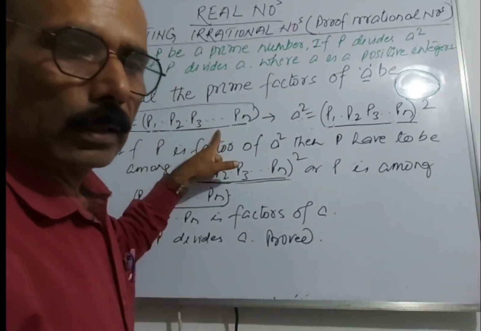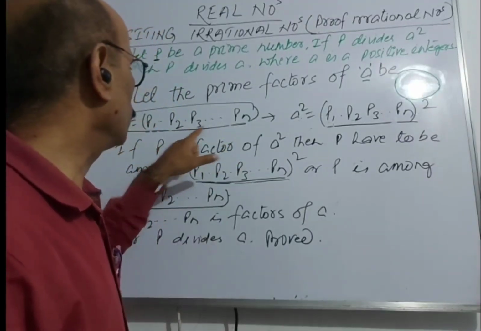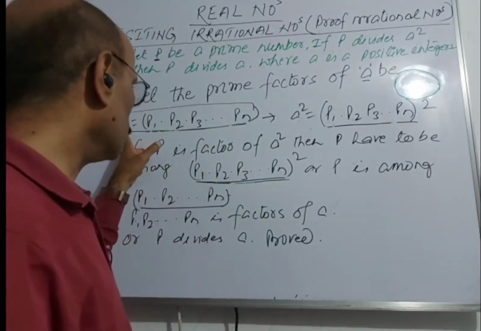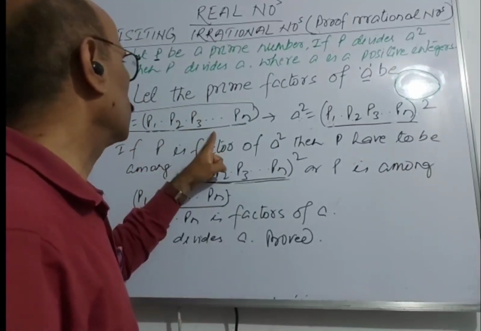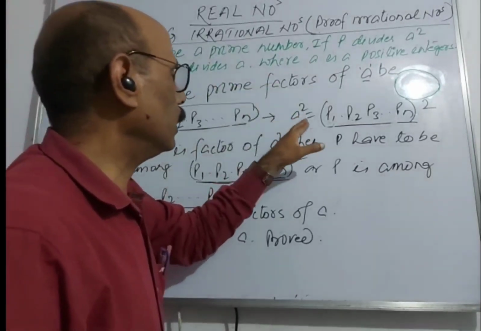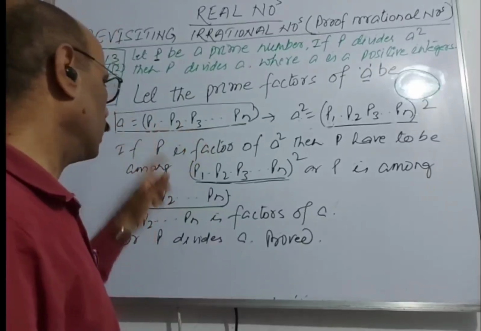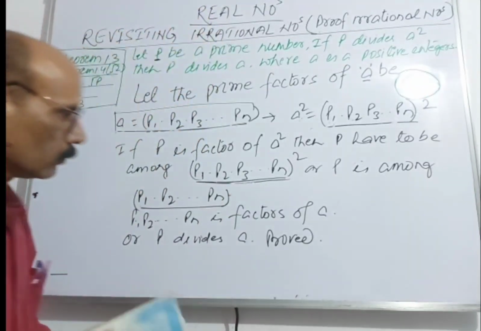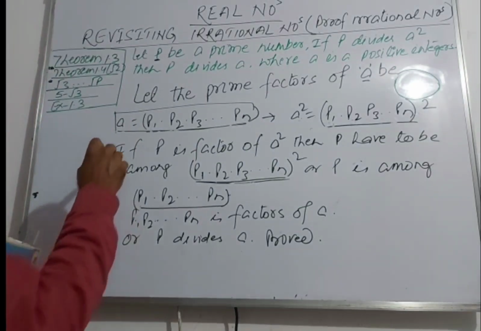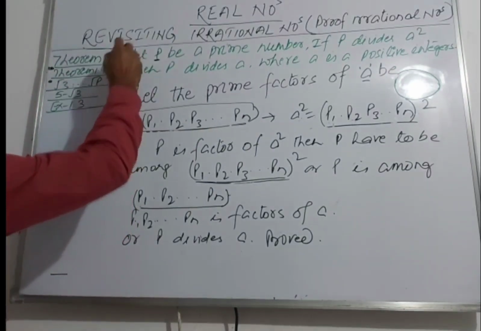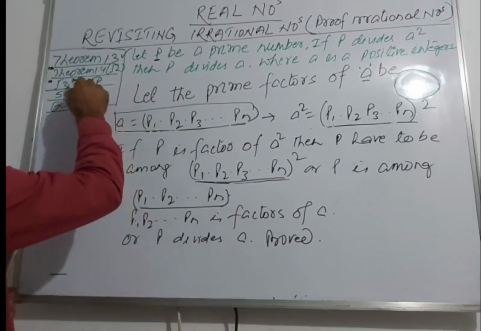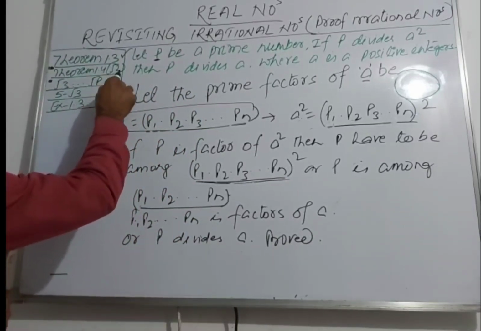So P is a factor of A. That means that number which was dividing A square is dividing A also. This is proved. Now, on the basis of this theorem we will prove the irrationality of root 2.